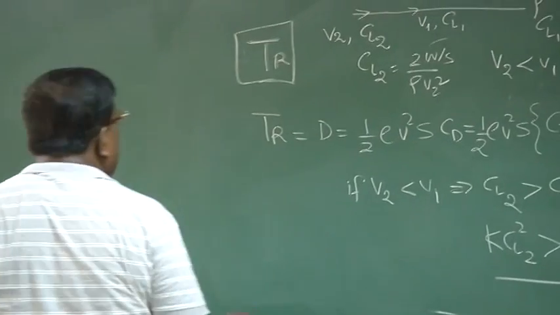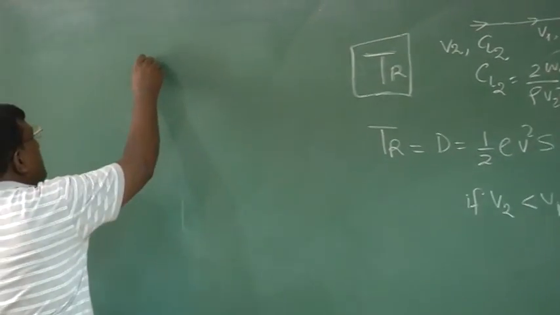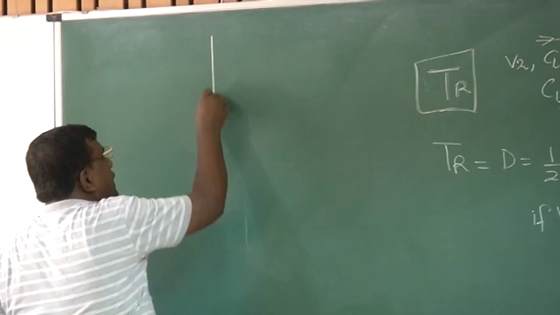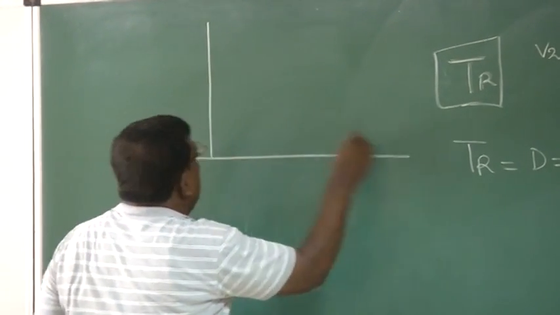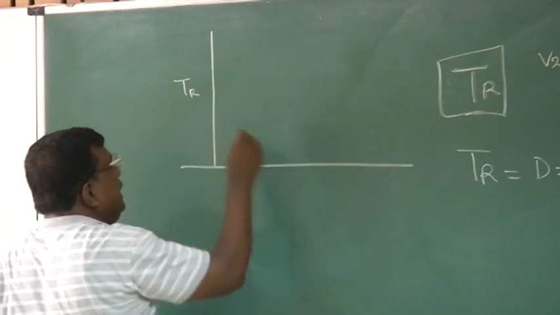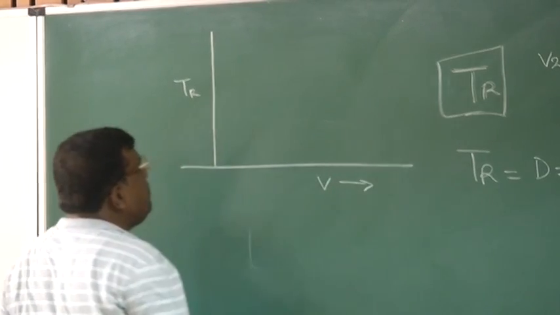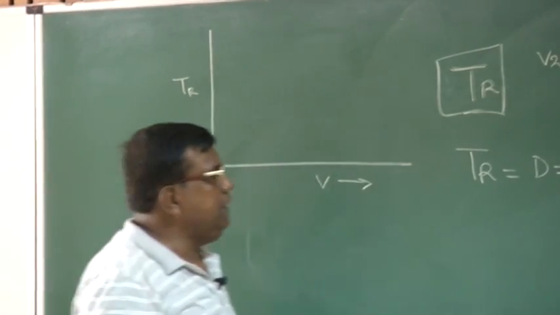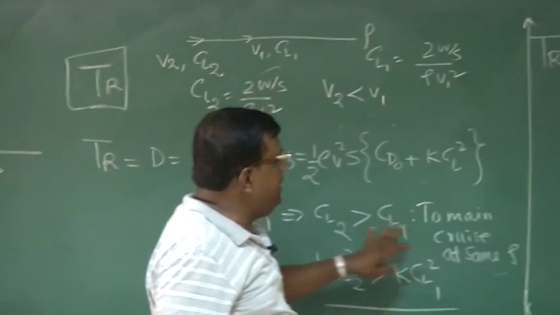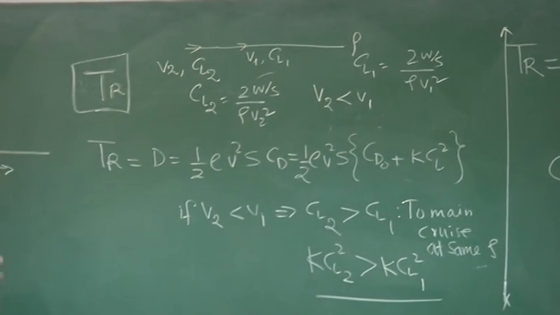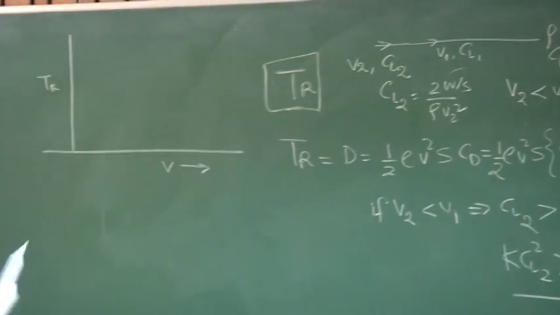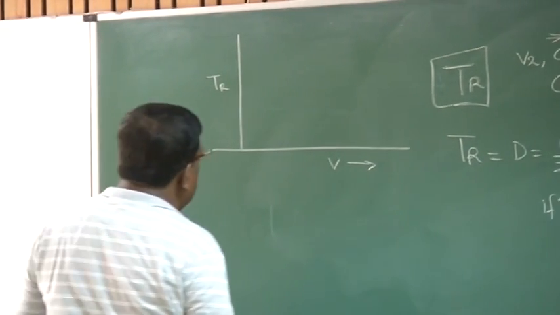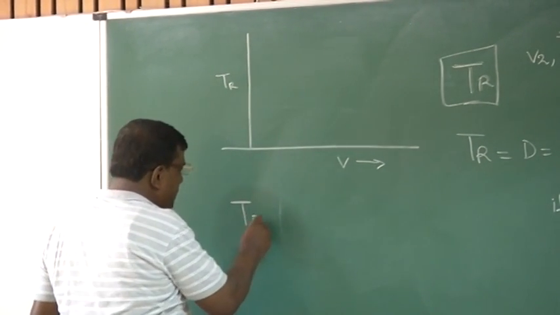Okay, so now if I understand this and try to figure out how thrust required will change with V. By this understanding, I can get a feel of the variation, but if I want to write an explicit expression, then I will do one more step.